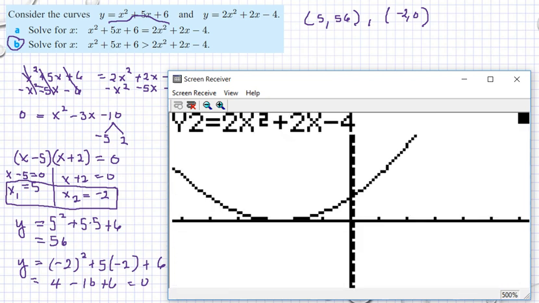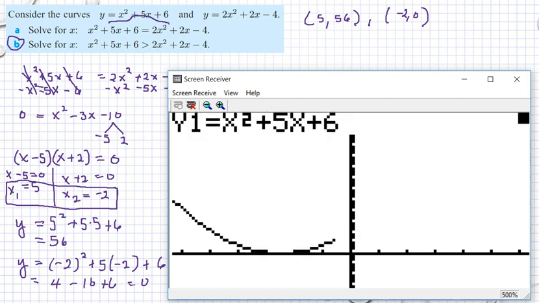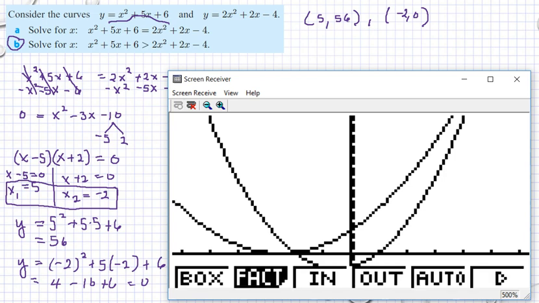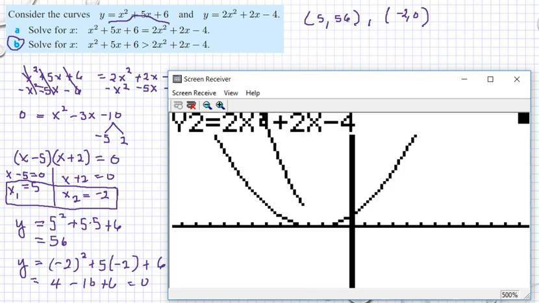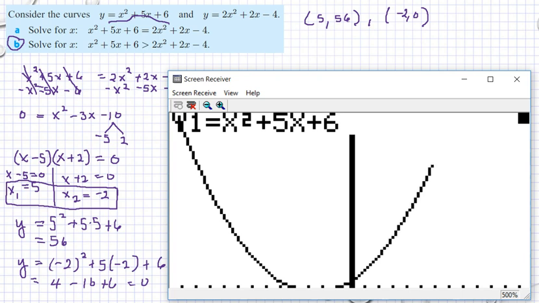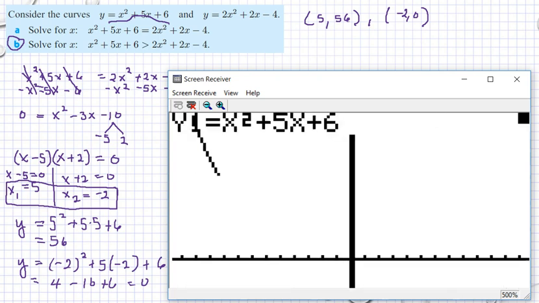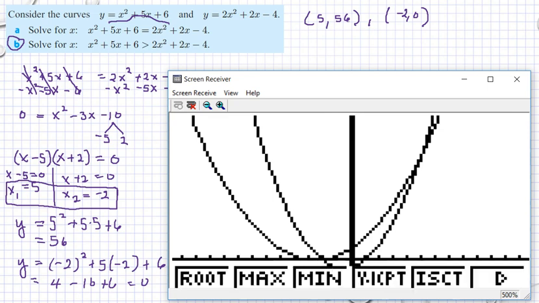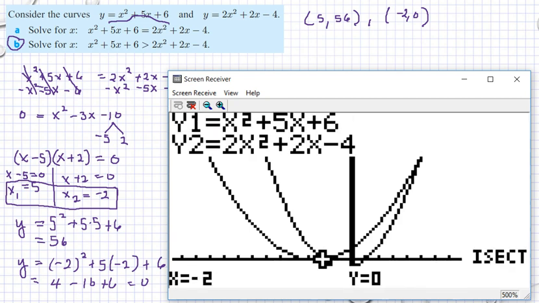And if we draw that line, I don't see that, so I'm going to zoom out to make it right. There you go. Better. And if we push F5, then we have the intersection once again. We have negative 2 and 0, and the other one is 5 and 56.